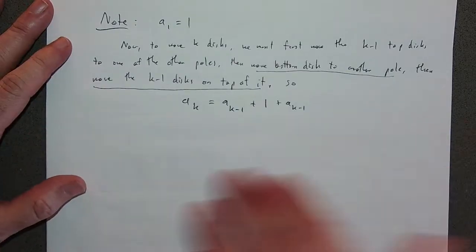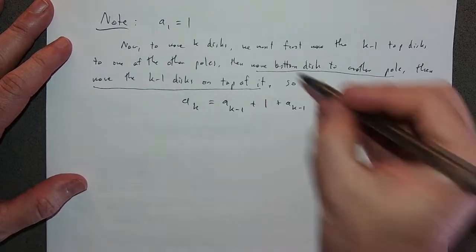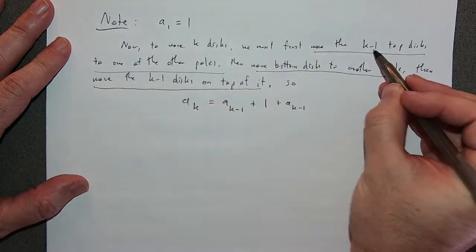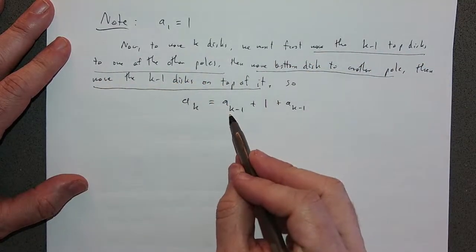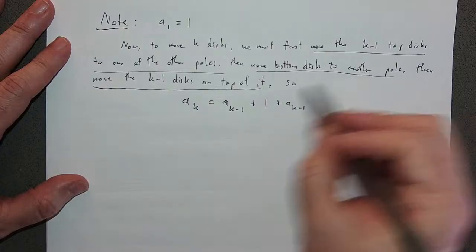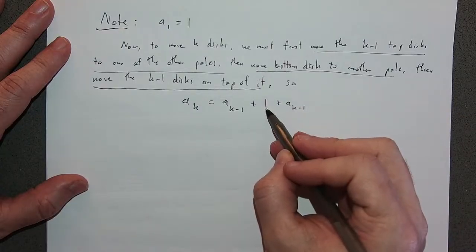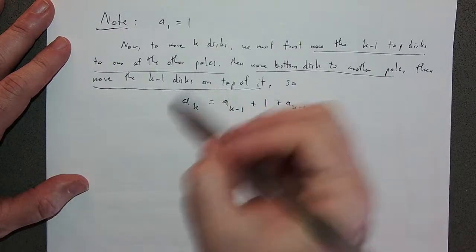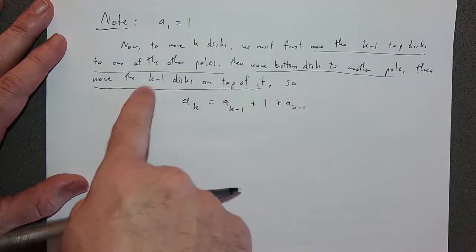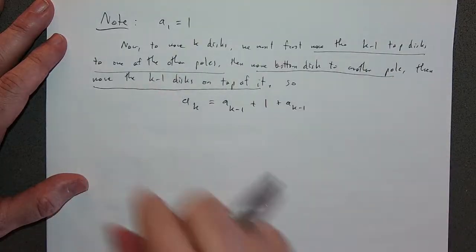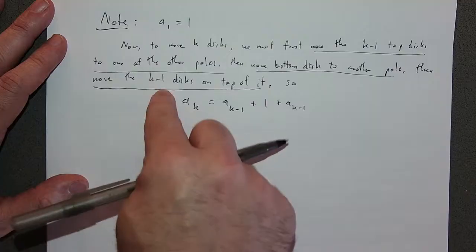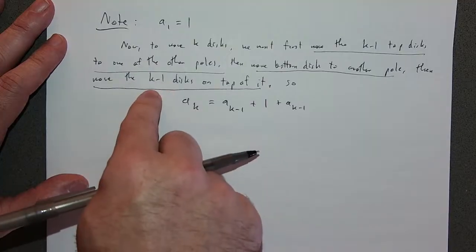So first, I move the k minus 1 top disks to one of the other poles. How many moves are there to do that? A sub k minus 1. Then I move the bottom disk to another pole. 1 is how many moves I add in there. Then I have to move the k minus 1 disks on top of it. That's the same number of moves, a sub k minus 1.